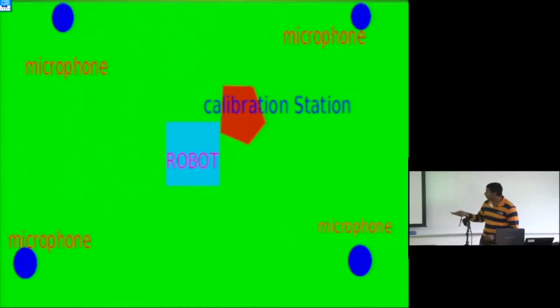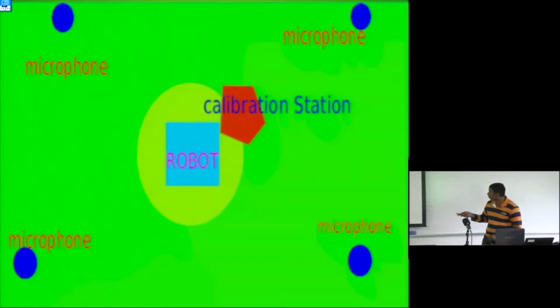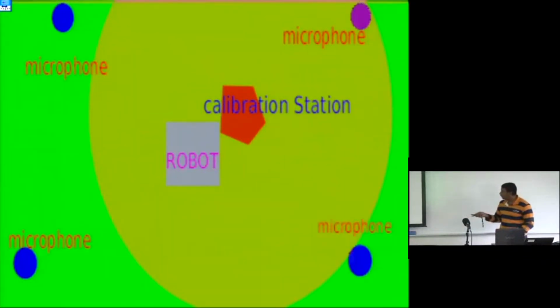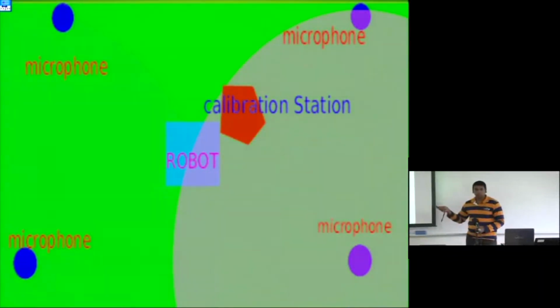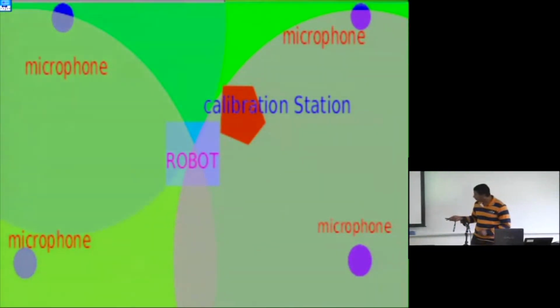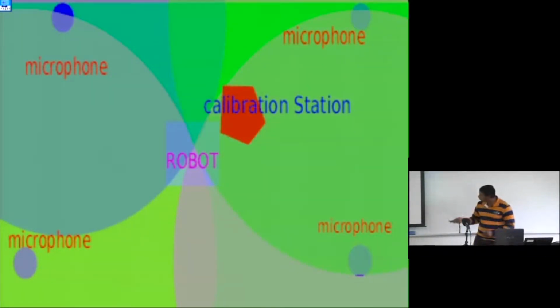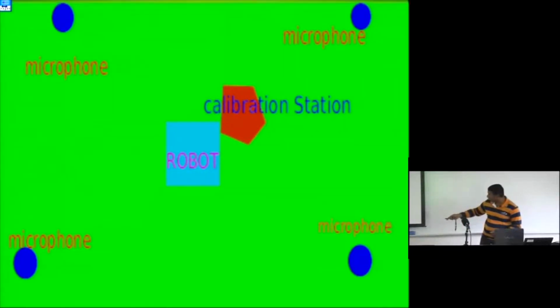So this robot emits the sound, and the microphones catch it, and then the calibration station emits the sound, and the microphone decides, okay, this robot is this far from me. So it can't decide where it is, but it can say, okay, this robot is that much far from me.